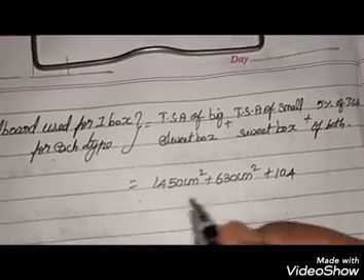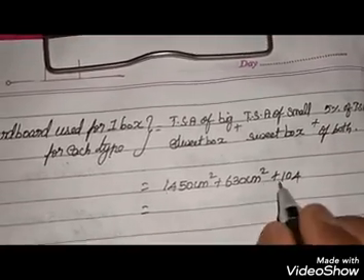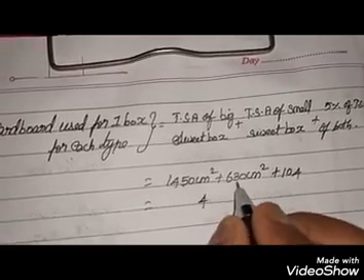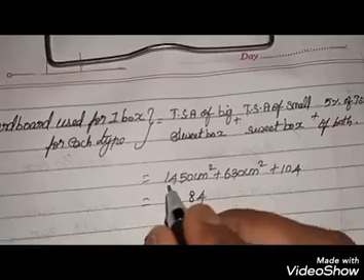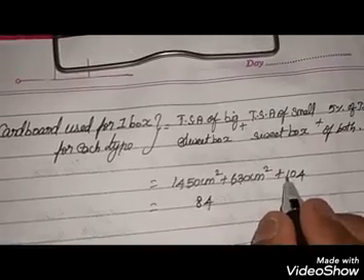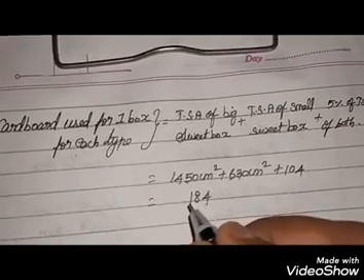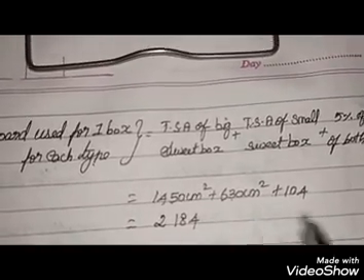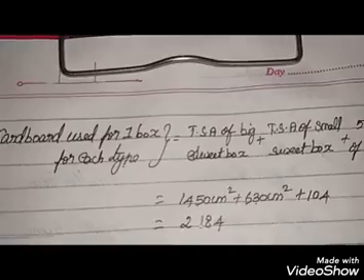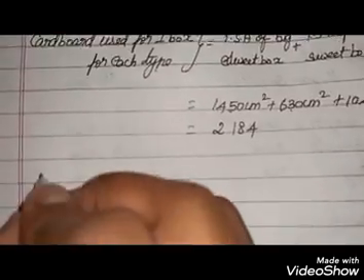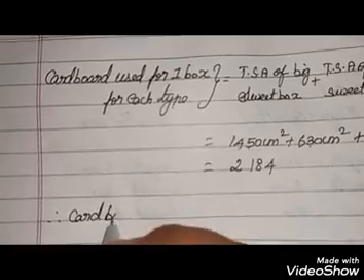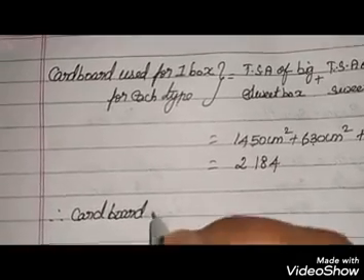So what is the value we have? 4 plus 3 is 7, 5 plus 3 is 8, and so on, giving 2184 centimeter square. This is the cardboard value for one box of each type.